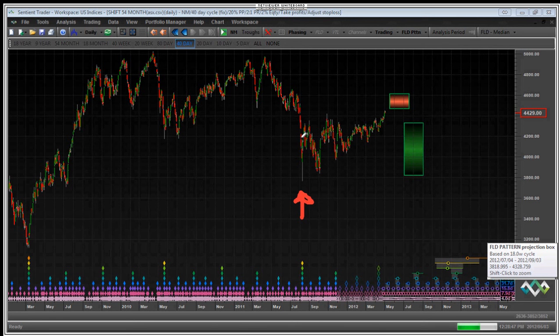One of the dangers with living in Australia, and I know this because I spent most of my life living in South Africa, is that your stock market opens long before the US stock market.